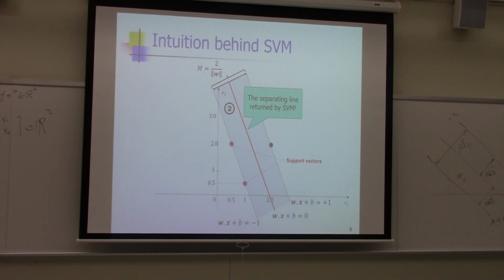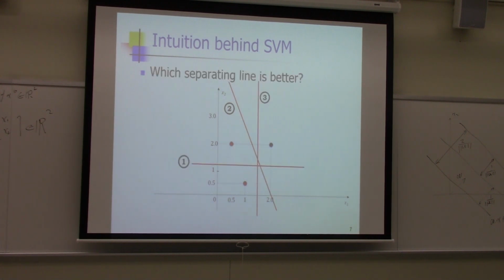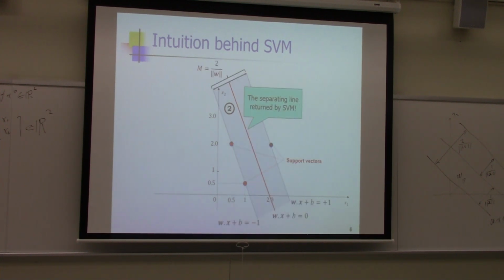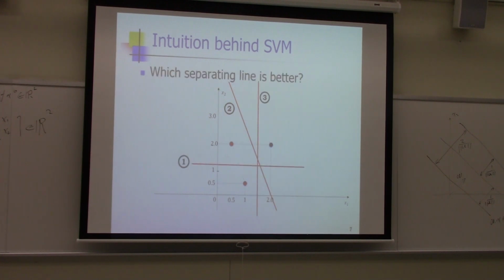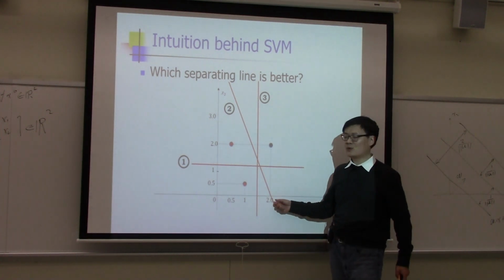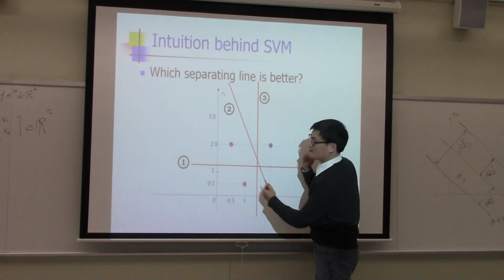Okay? I'll explain why support vectors are important. How about this one? So again, if you remember, we tried 3 lines, and we figured out line 2 is the best, right? Because the margin is largest.